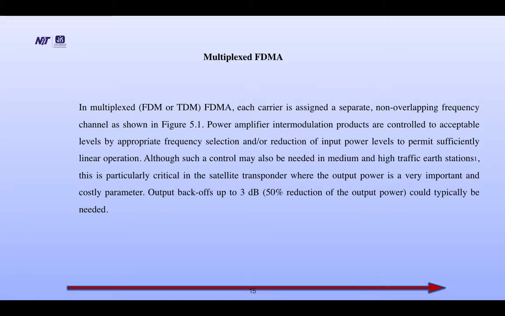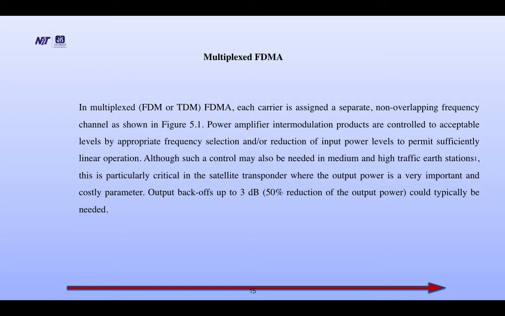Multiplex FDMA. In multiplex FDMA or TDM FDMA, each carrier is assigned a separate non-overlapping frequency channel, as shown in the figure. Power amplifier intermodulation products are controlled to acceptable levels by appropriate frequency selection or reduction of input power levels to permit sufficiently linear operation.